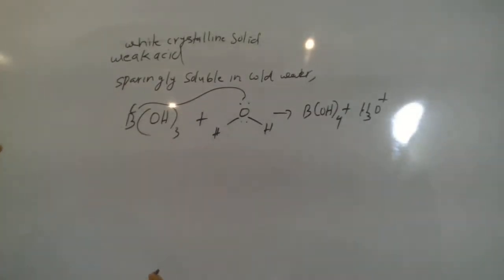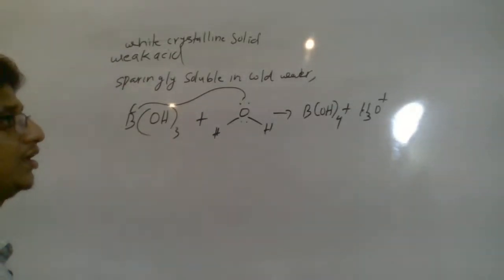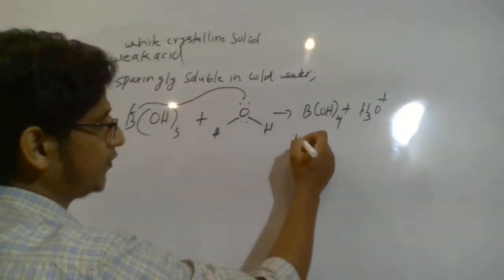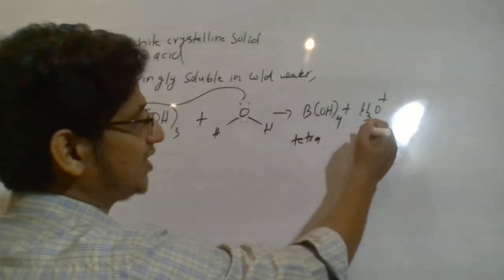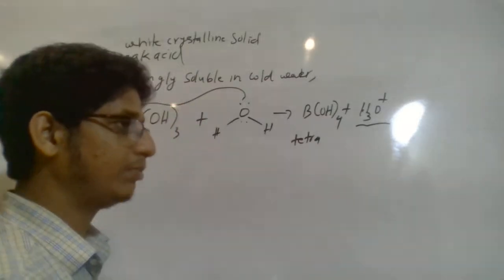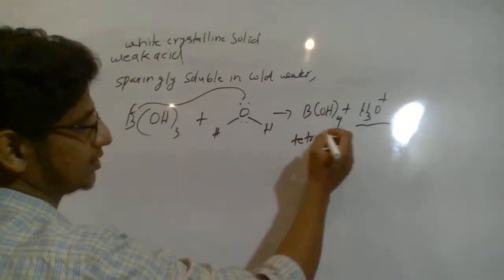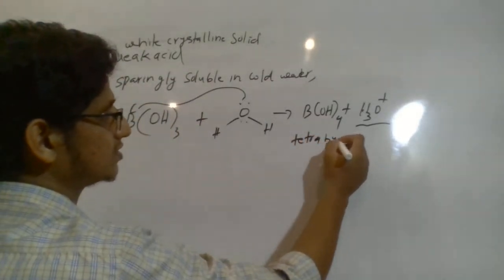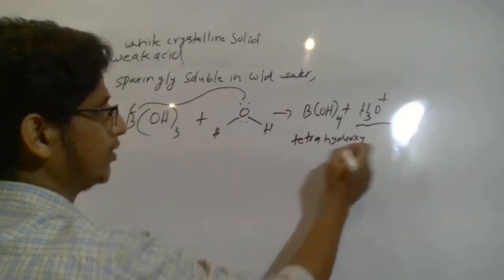So by the reaction with water, tetrahydroxyborate is formed, and at the same time a hydronium ion is released. In that sense, yes, it's acidic but not a strong acid.